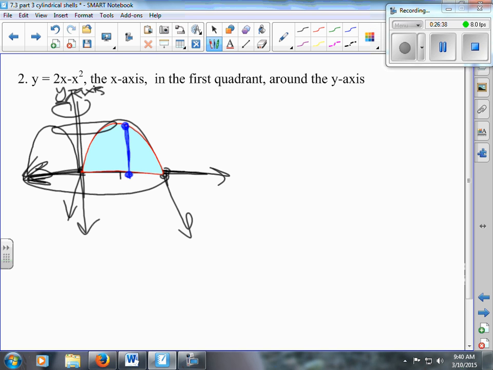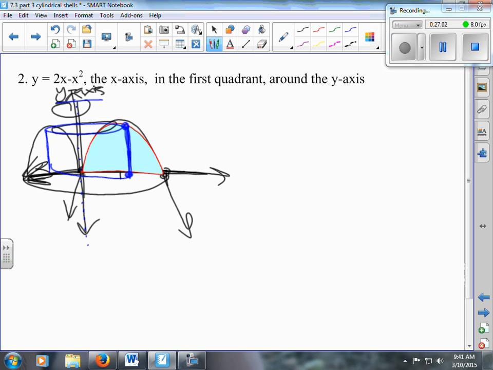So I have top minus bottom, and I am rotating around the y-axis. So how does the y-axis compare to this? Is the y-axis perpendicular or parallel? It's parallel. And so we're going to have a shell.